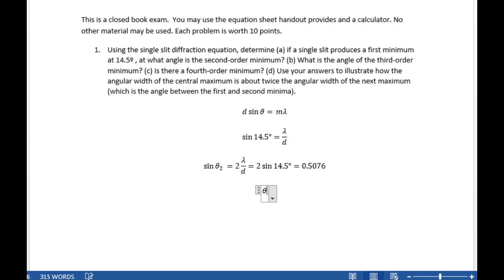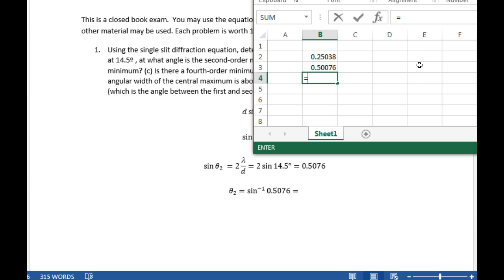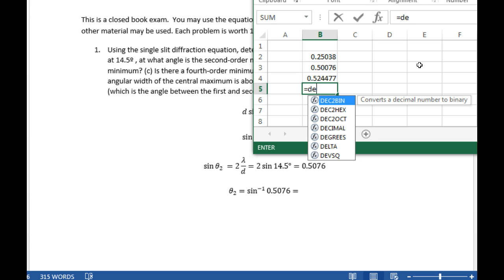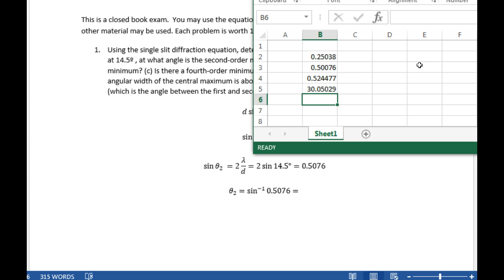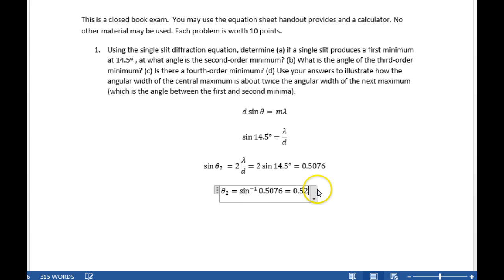And that means theta 2 is the inverse sine of 0.5076, and that is 0.524 radians, or 30.1 degrees. So that's the answer to part A.